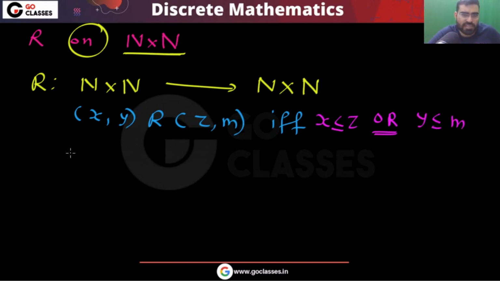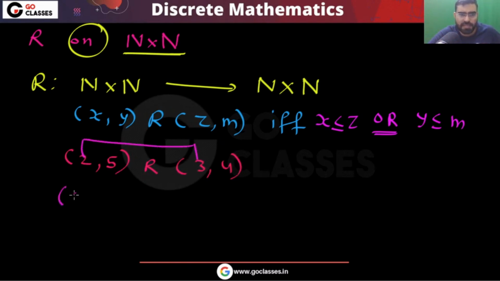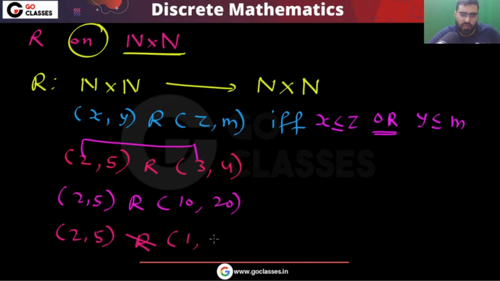Now for example, I can say (2, 5) is related to (3, 4) because 2 is less than 3. Similarly, (2, 5) is also related to (10, 20), because the condition is satisfied. You can see that (2, 5) is not related to (1, 4), because 2 is not less than or equal to 1, and 5 is not less than or equal to 4.